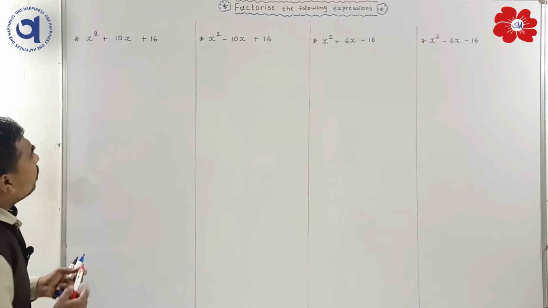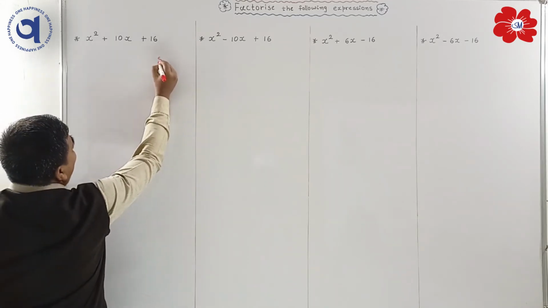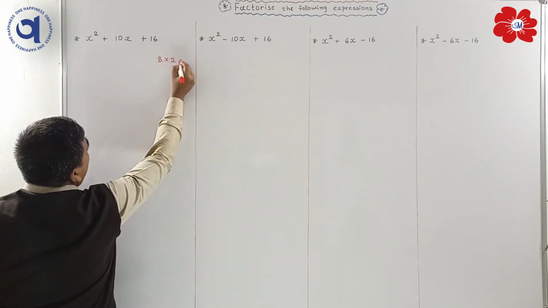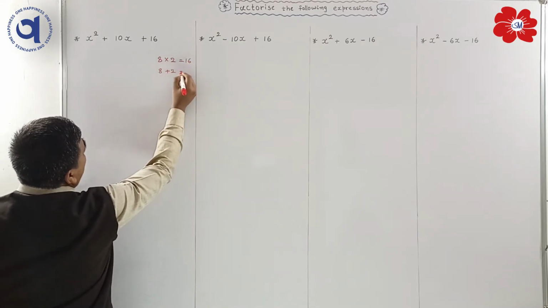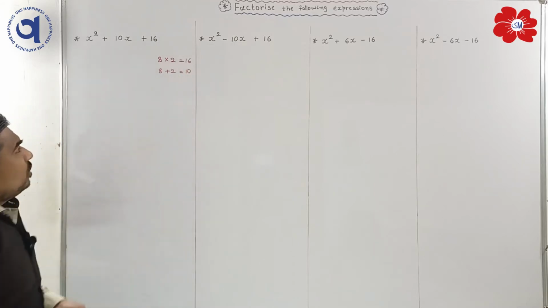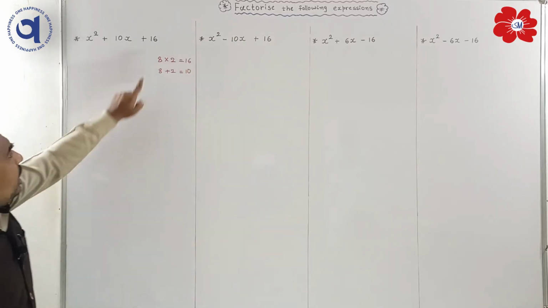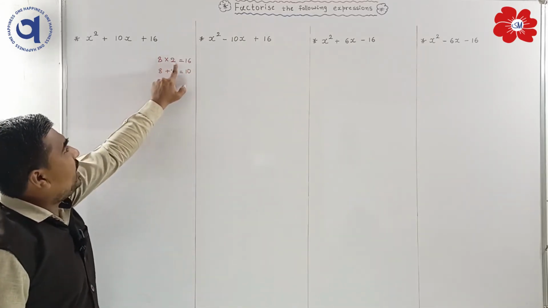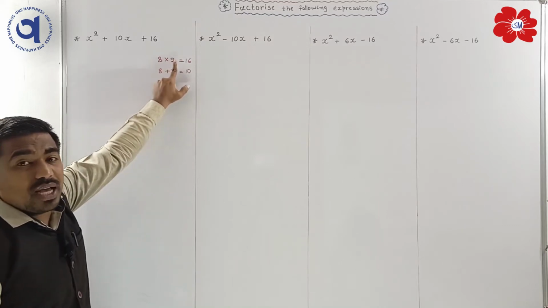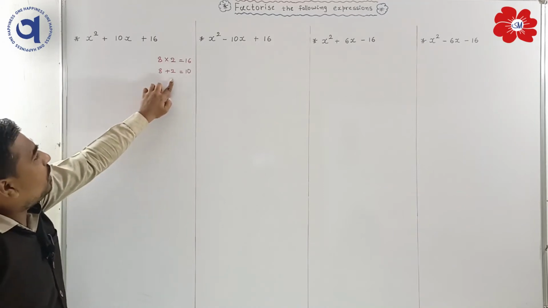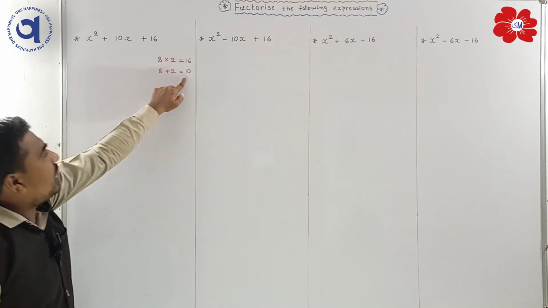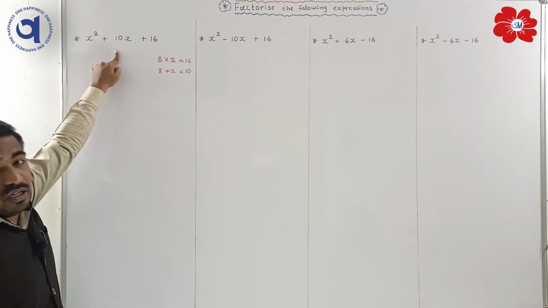Look here. I can write 8 multiply 2 is equal to 16, and 8 plus 2 is equal to 10. The factors are 8 and 2. 8 2s are 16, this is our last term, and 8 plus 2 is equal to 10, our middle term.